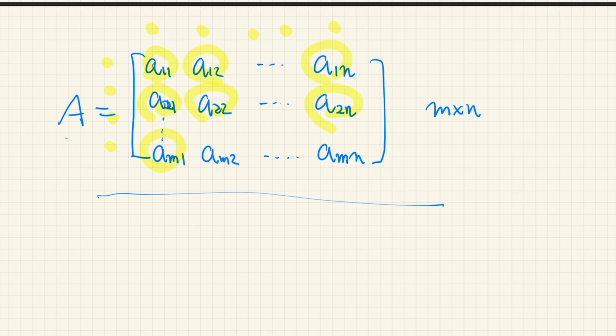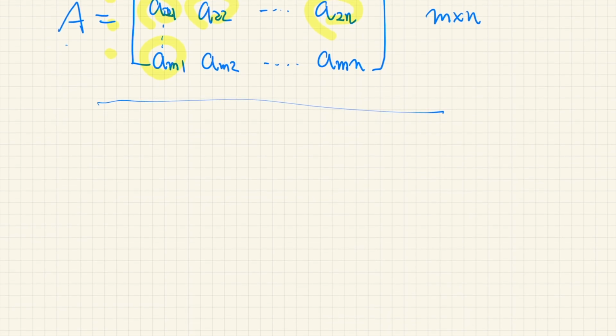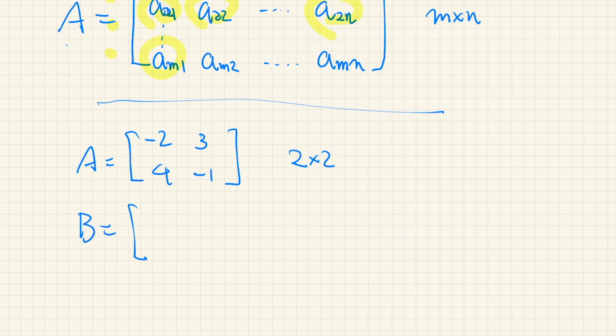First, let's see some concrete examples. For example, let's say A is a matrix made of -2, 3, 4, -1. So this is an example of a 2 by 2 matrix. And let's say matrix B is 1, 3, 0, 5, 2, 4.